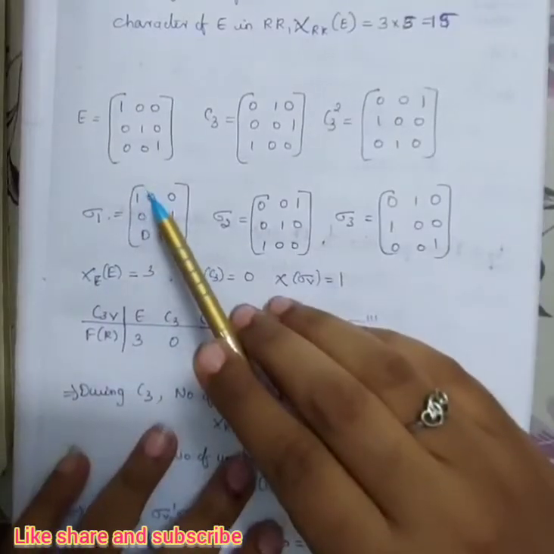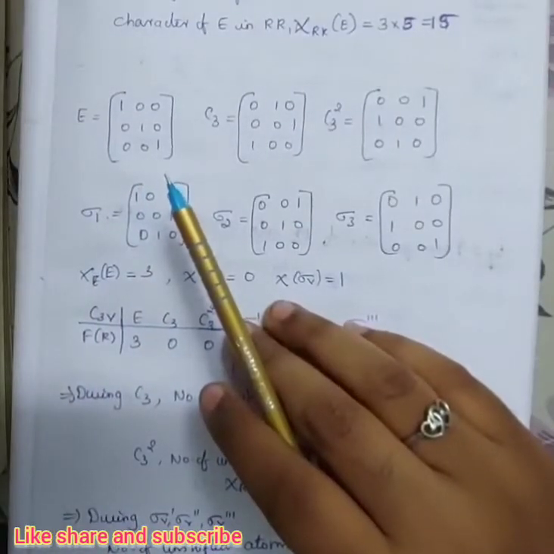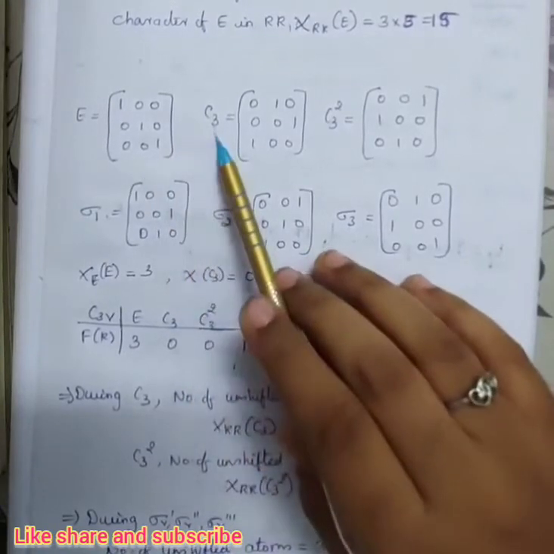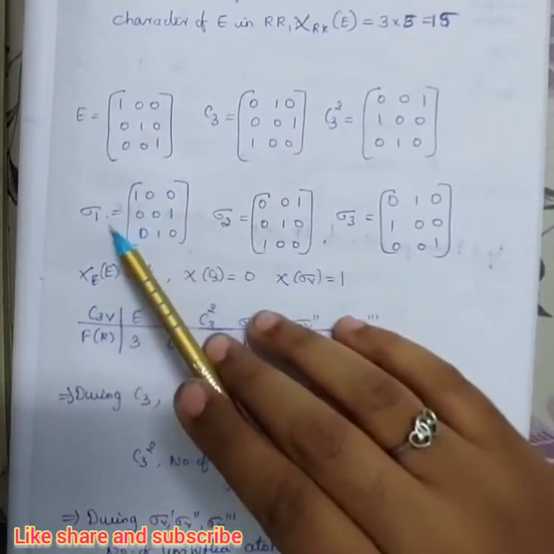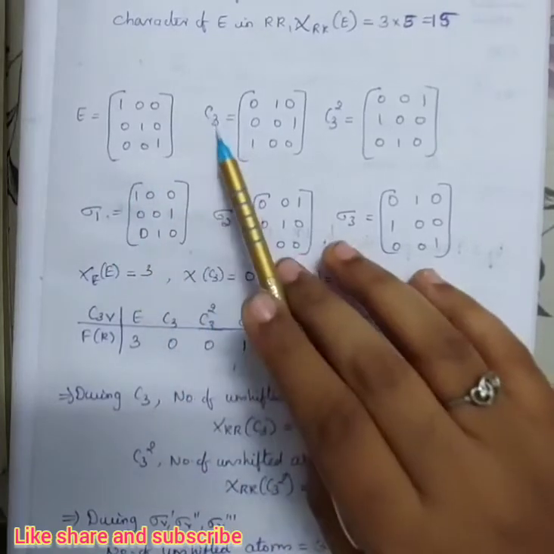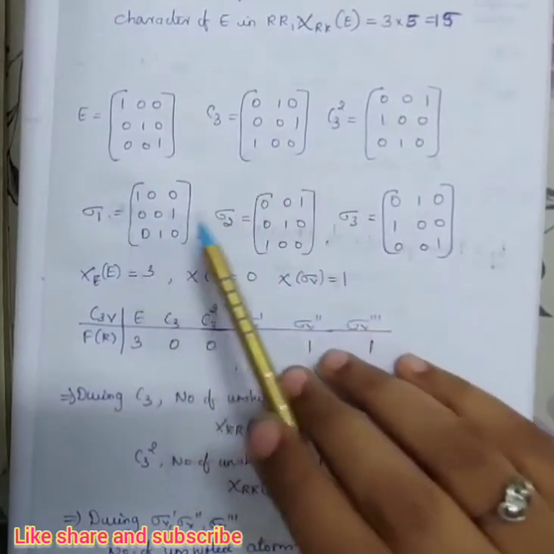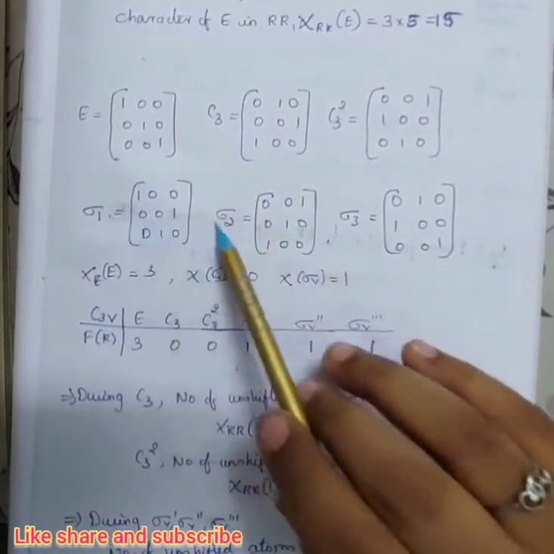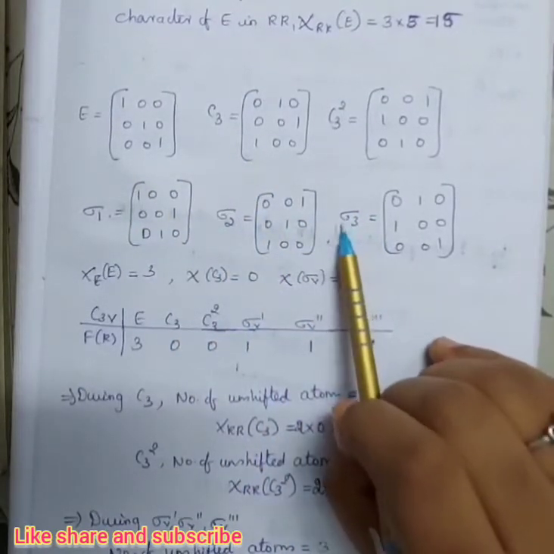Here in this C3v character table, we have seen an identity element E, C3 and sigma also. So C3, C3 twice, sigma 1, sigma 2 and sigma 3. That is E, 2 C3 and 3 sigma will be present in the POCl3 molecule.